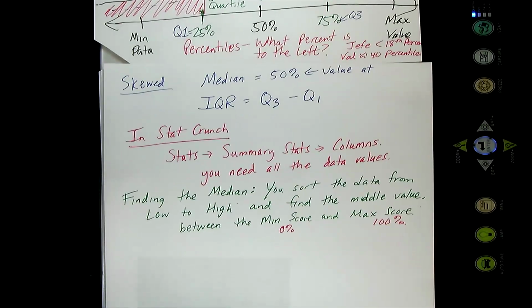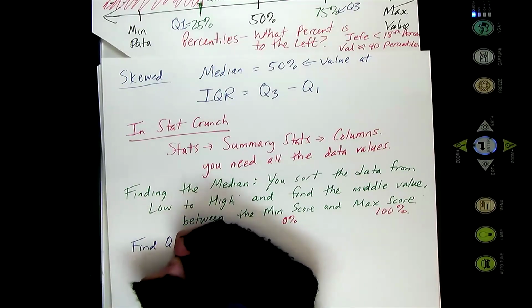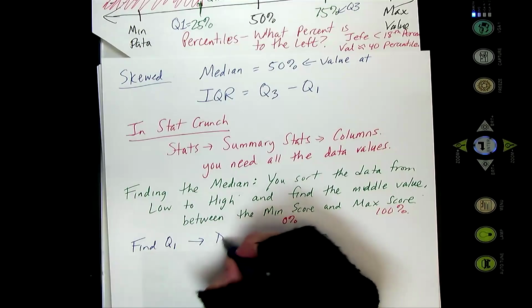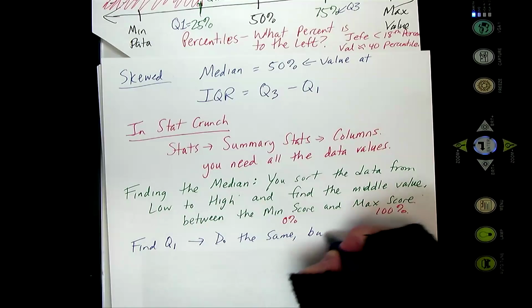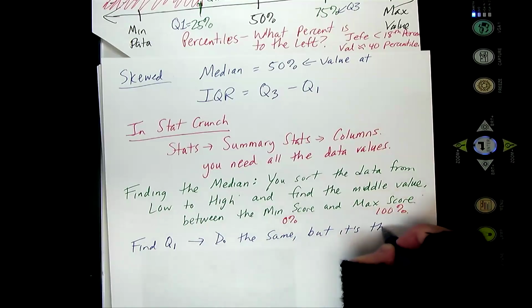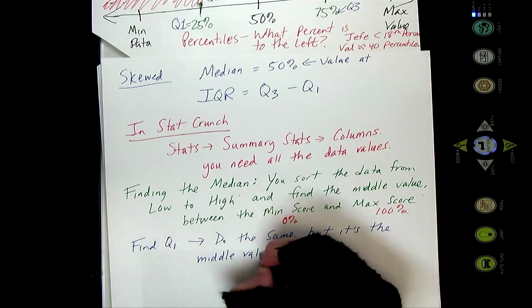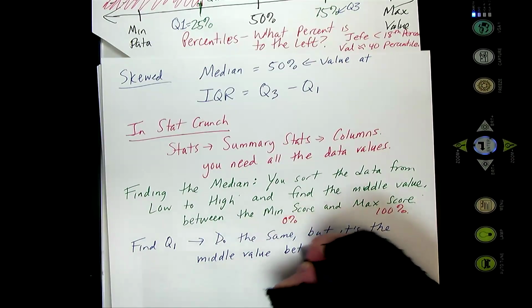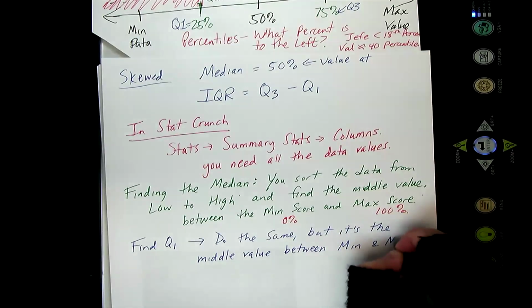To find Q1, do the same, but it's the middle value between min and median.